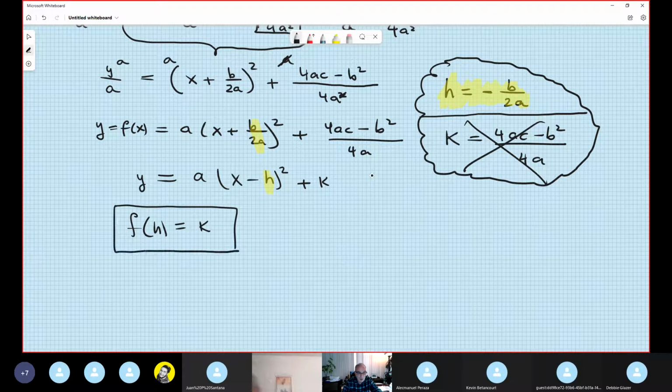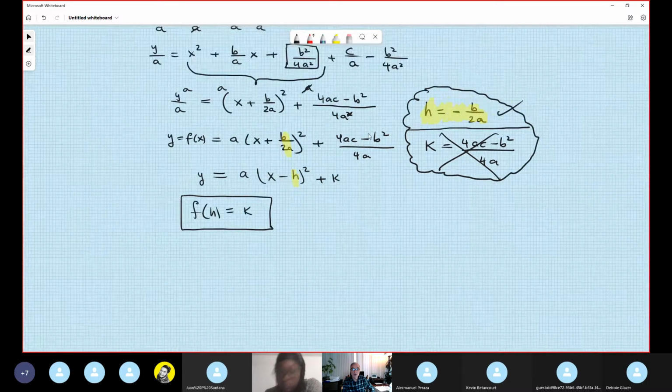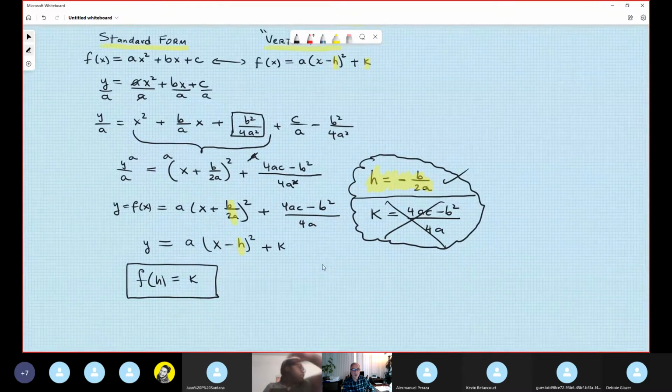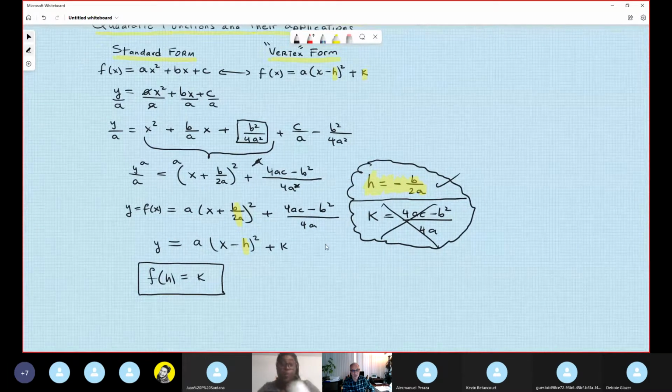And in the typical example we're doing, you evaluate h. h is this formula, easy to remember, and then evaluate k. That's the end of the story. So you don't need to memorize completing the square. Using the formula is much better, faster in my opinion.